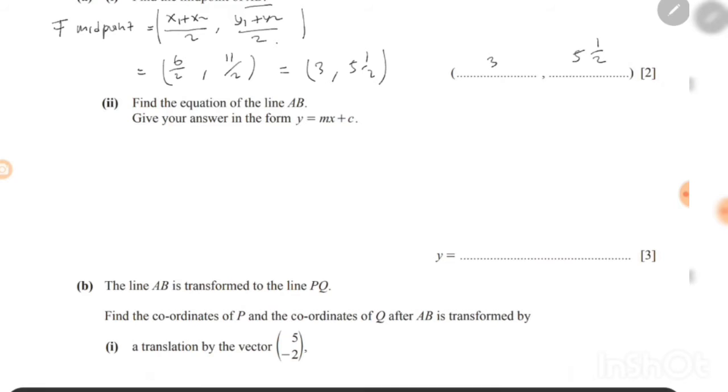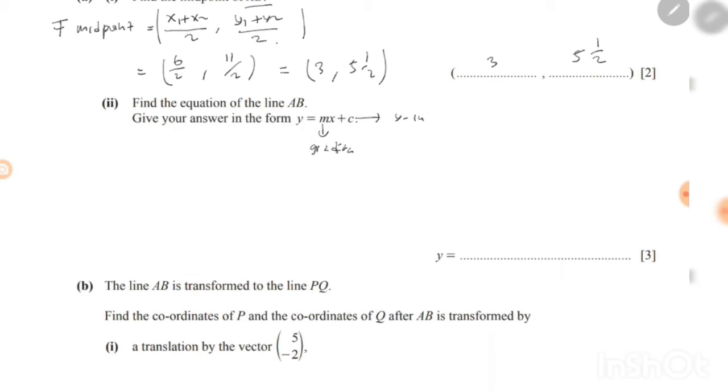Find the equation of the line AB. Give your answer in the form y equals mx plus c. Okay, so to find the line in the form y equals mx plus c, you need to find m as the gradient and c as the y-intercept, right?